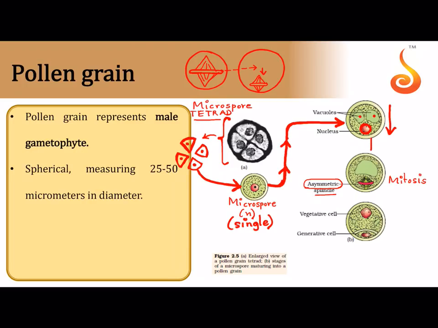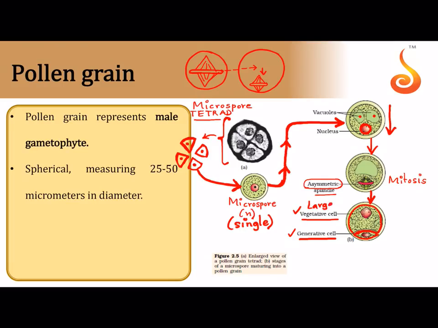Because of this, the microspore is undergoing mitosis. Because of this, 2 cells are formed inside. There is a larger cell, which is referred to as the vegetative cell. There is a tiny cell sitting here with very little cytoplasm in it, which is called the generative cell. Why is one cell larger?